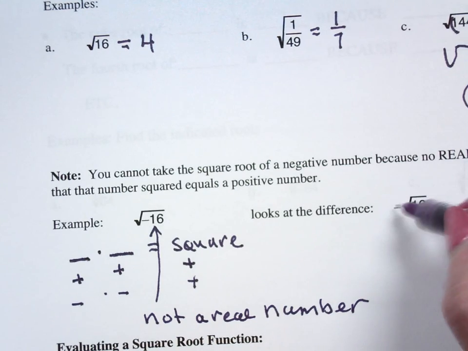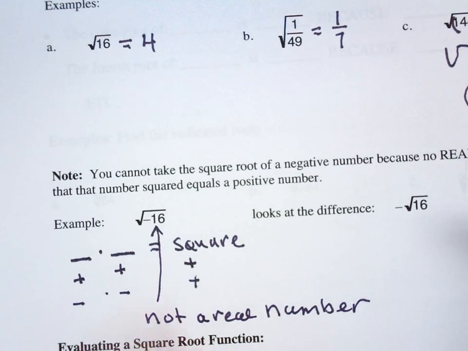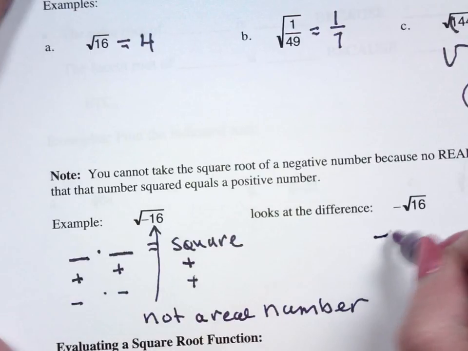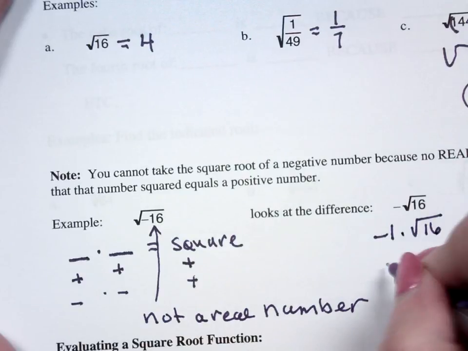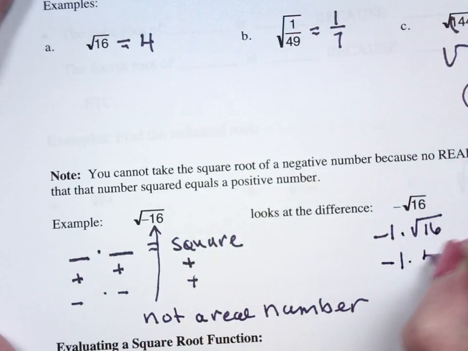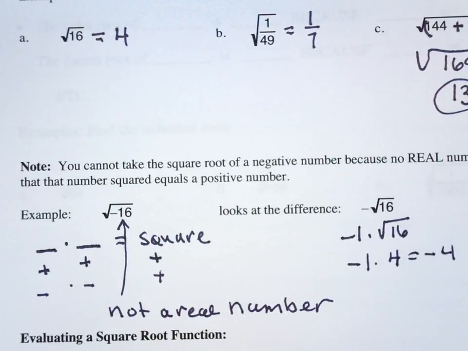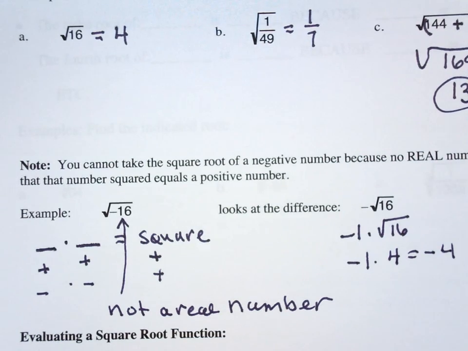However, I can have one outside. Well, why? Because this says take the opposite of the square root of 16. What's under the radical is positive, so it's the opposite of 4 or negative 4. So can't have a negative number under the radical.